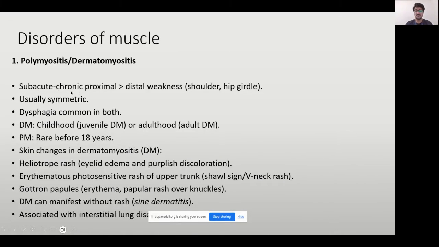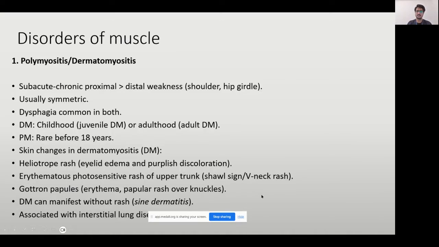It can be subacute. Usually it's proximal as compared to distal, and the shoulder and hip girdle are the ones that are mostly affected. Dermatomyositis is seen sometimes in adulthood, sometimes in childhood, but polymyositis is very rare before the age of 18 years. There are some skin changes as well, and of course, heliotrope rash, which is on the eyelid, edema, and purplish discoloration around the eyes, is very common in this condition.